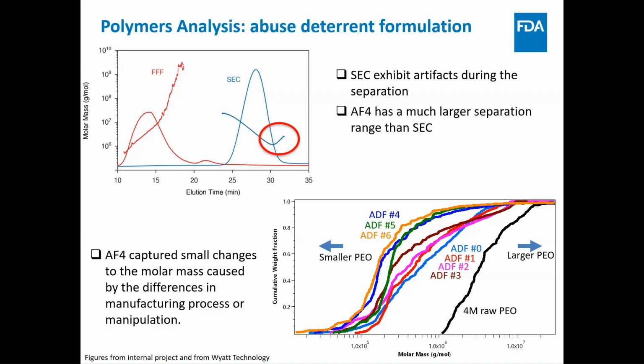So this shows the advantage of AF4 over SEC in analyzing such big polymer. Actually, more important is, when we developed this method, we found it's not restricted to PEO. It can be readily applied to other types of big polymer that are commonly used in drug products, like HPMC or PVP.